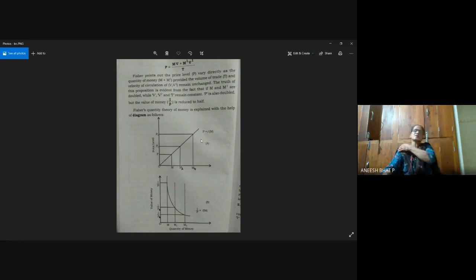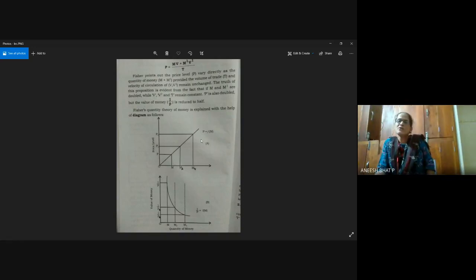And next, Irving Fisher explained, even though there is a positive relationship between money supply as well as price level, think about value of money. What happens to the value of money?